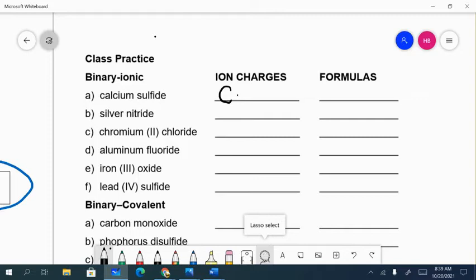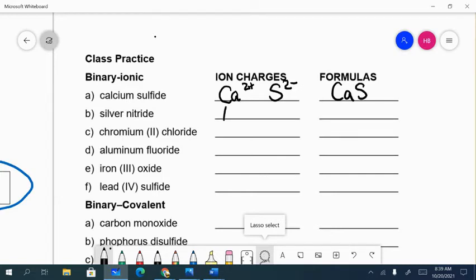Calcium is an alkali earth metal. It has 2 valence electrons, so its charge will be +2. Sulfur has 6 valence electrons, so it's going to grab 2 more to be like neon and has a charge of -2. So we have +2 and we have -2. You recognize those will go together 1 to 1, so the formula is calcium sulfide.